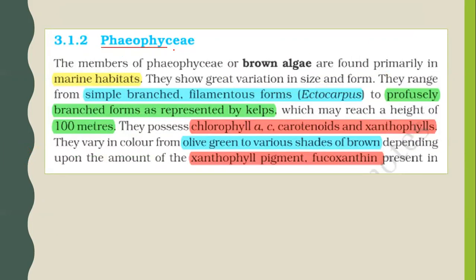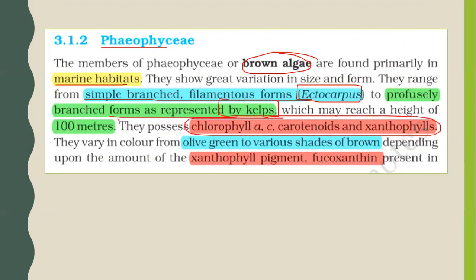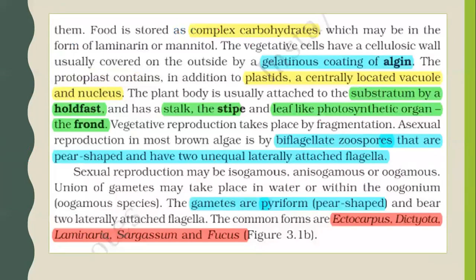Phaeophyceae, commonly known as the brown algae, are found in marine habitats. They range from simple branched filamentous forms such as Ectocarpus to profusely branched forms such as kelp. Their major pigments are chlorophyll a, c, carotenoids, and xanthophylls. They vary in color from olive green to various shades of brown, depending on the amount of xanthophyll pigment fucoxanthin.